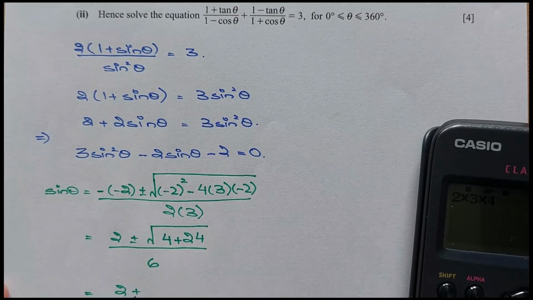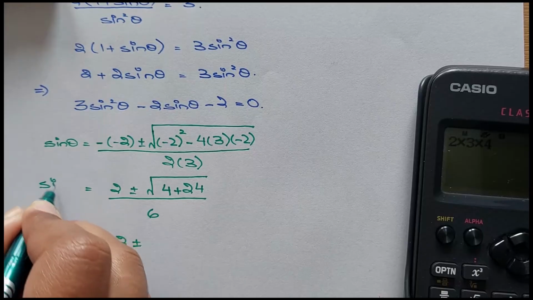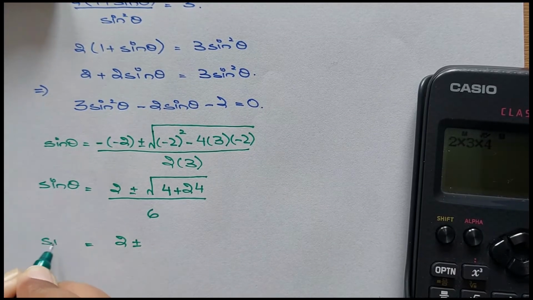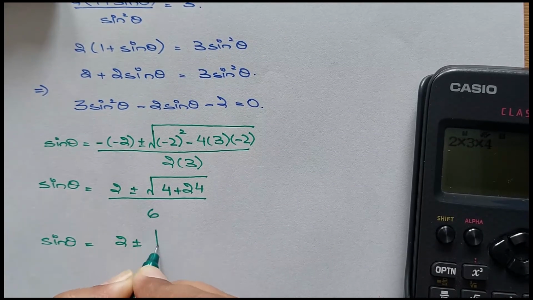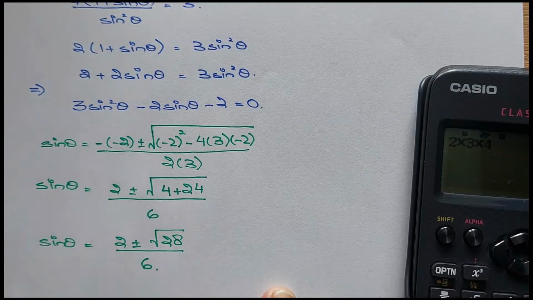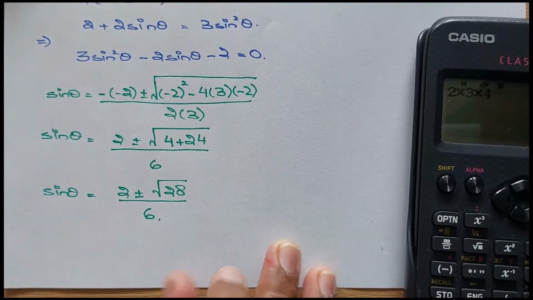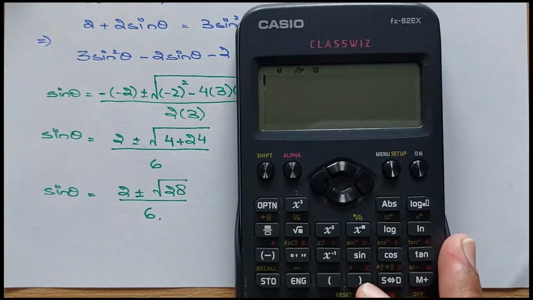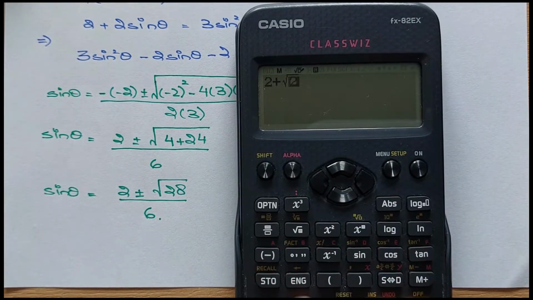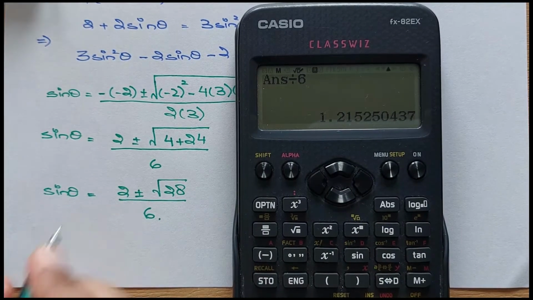So 2 plus minus square root of 28 divided by 6, and this is sine theta. Okay, so here we will get two values for sine theta. So let's do it with a positive one and the negative one, right? So we have 2 plus square root of 28 divided by 6, that is sine theta equal to this value.